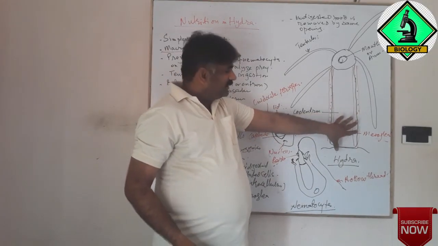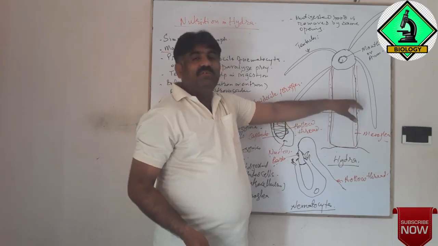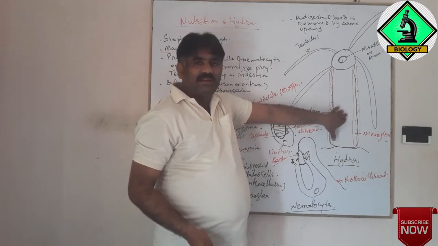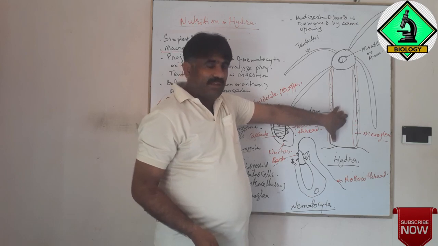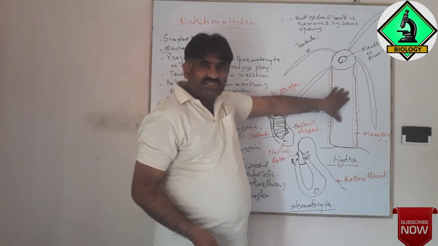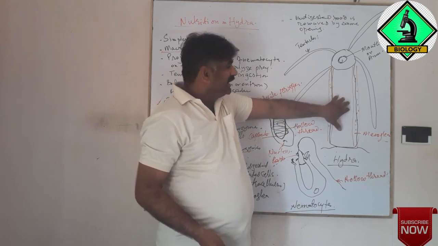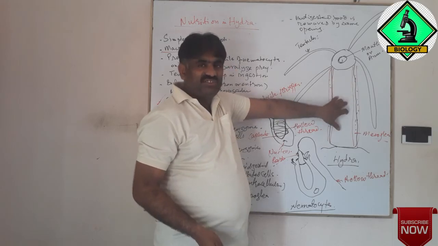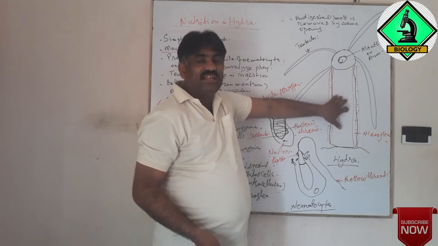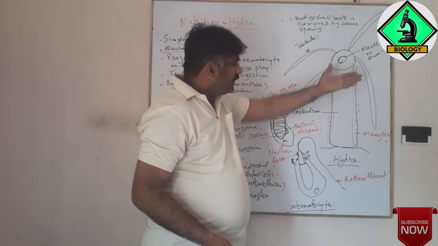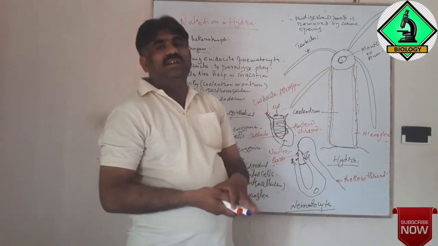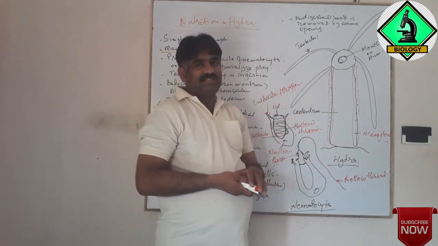Now the question is: how does this completely digested food, through intracellular digestion in the endodermis, in the flagellated musculoepithelial cells, pass or transport to the ectodermal cells?